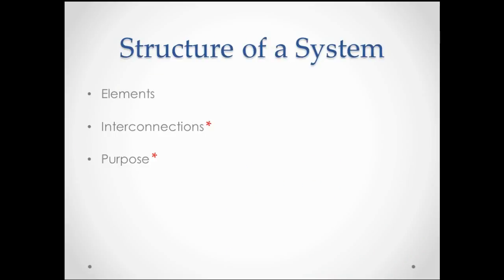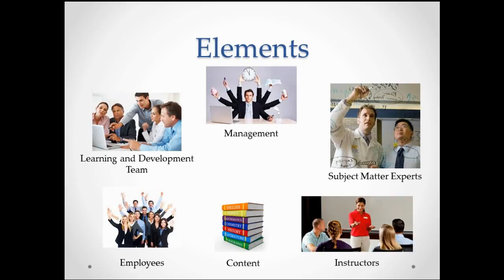Going back to the structure of systems, if you recall, I mentioned that lasting change comes from changing the interconnections and purpose of a system, rather than its elements. In the interventions I have suggested, you can see that we haven't changed any of the staff in the system or the content itself. Instead, we've altered the relationship that an organization has with learning and development.